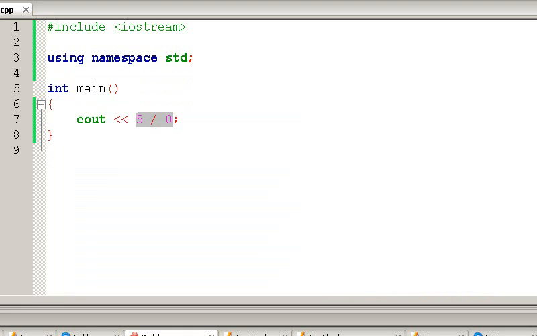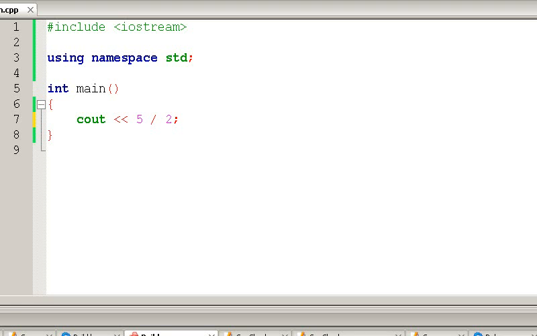Second thing I wanted to talk about with division. Division works in two different ways: either it's a whole number division or it's a fractional division. Let me explain. If I take 5 and I divide it by 2, what do you think the answer will be? Somebody who doesn't know C++ or programming will probably tell you that the answer is supposed to be 2.5.